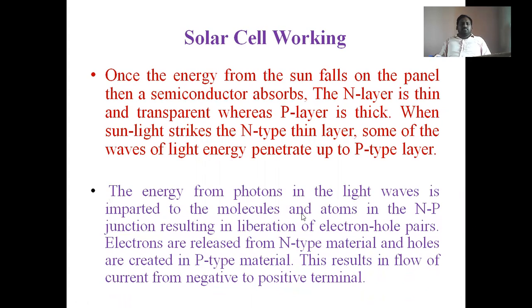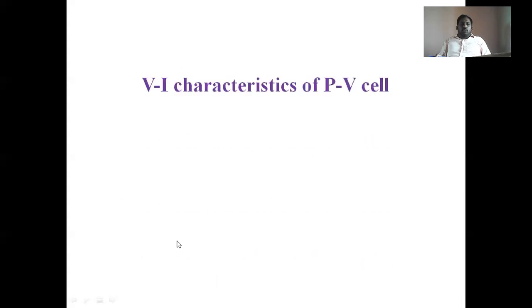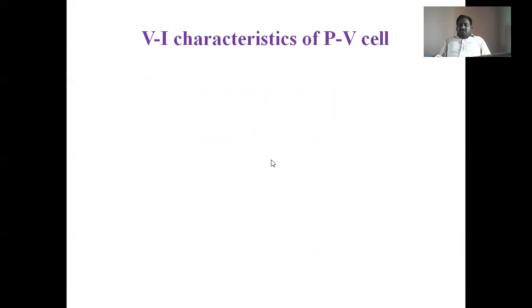And here, the VI characteristics. See here, a very important thing: generally for a PN junction diode, after the cut-in voltage, when we increase the forward voltage, the forward current also increases. But in the PV cell, the current means the flow of charged carriers, electrons.